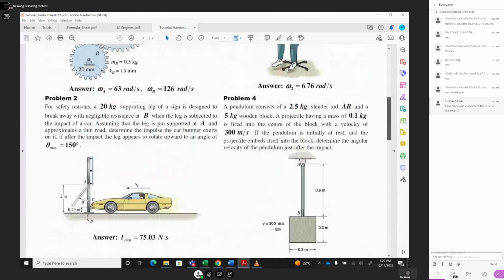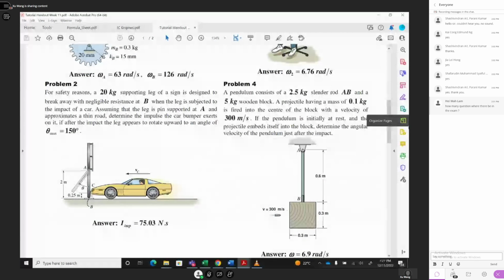Okay. Then we move to the next question. Question 2 is for a safety reason. A 20 kilogram supporting leg AB of a sign is designed to break away with negligible resistance at B. When the leg is subject to the impact of a car, the impact is at this position, 0.25, and this is 2 meters.